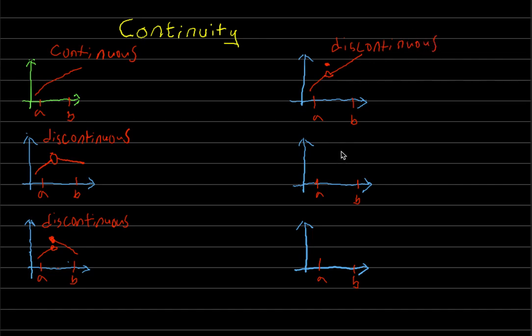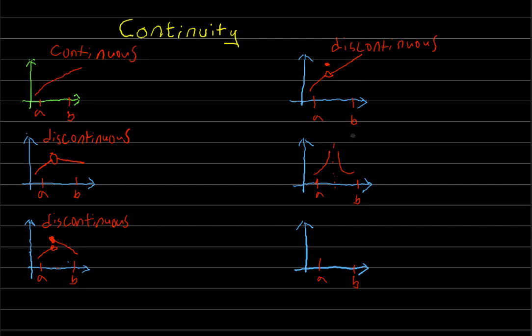On this graph, let's say we have a point there, and a graph that goes towards that point but not touching, and from this left hand side, going but not touching the point.